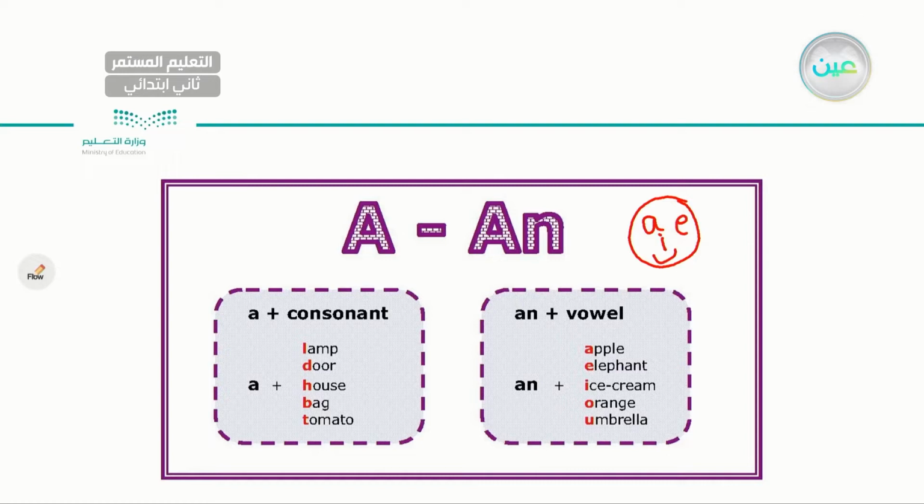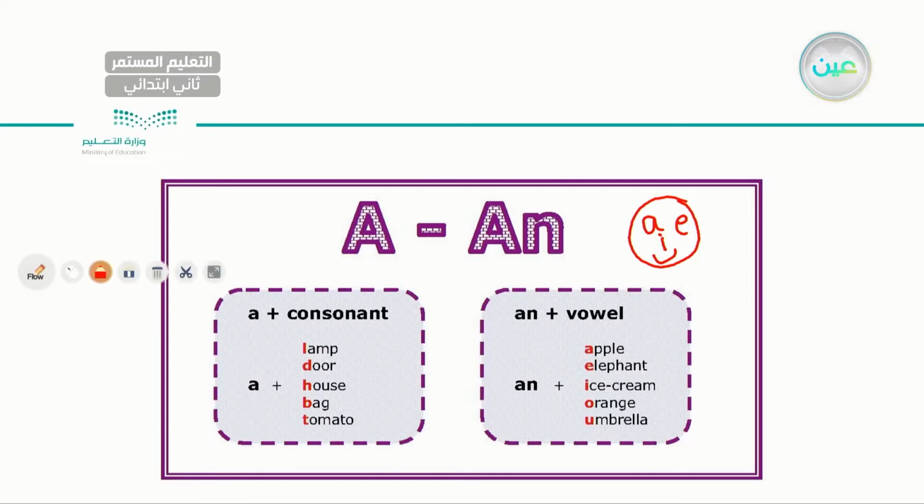So if you have an item or a thing that starts with these letters and it is singular, we must go with the article an. So an apple, an elephant, an ice cream, an orange, and an umbrella. Very good. As you can see, I have all the 5 vowels that are in the smiley face.